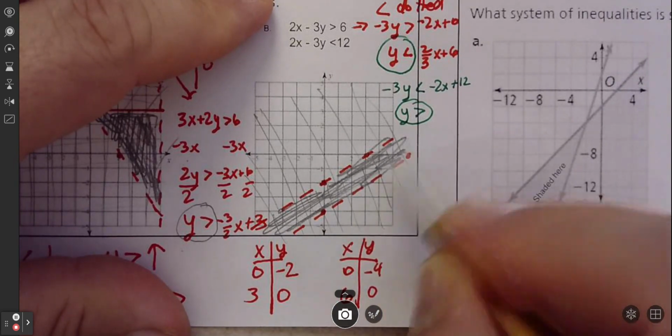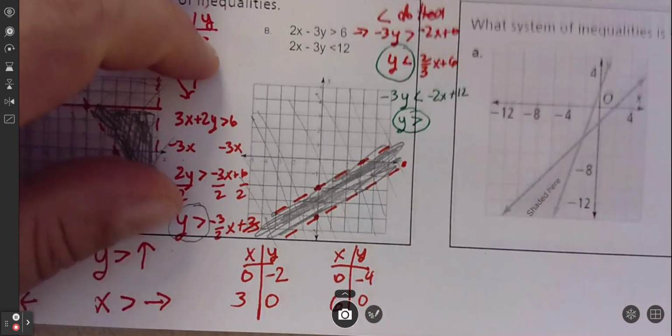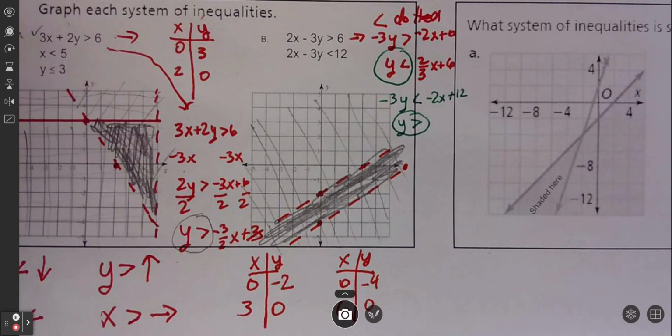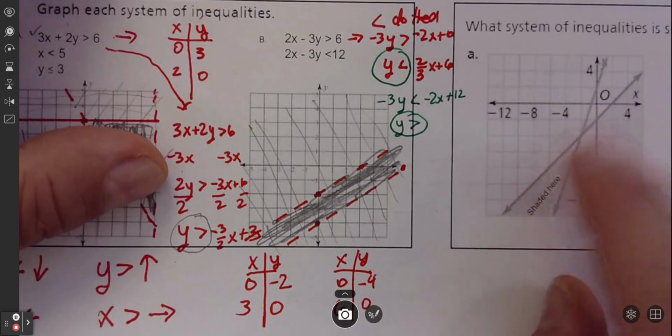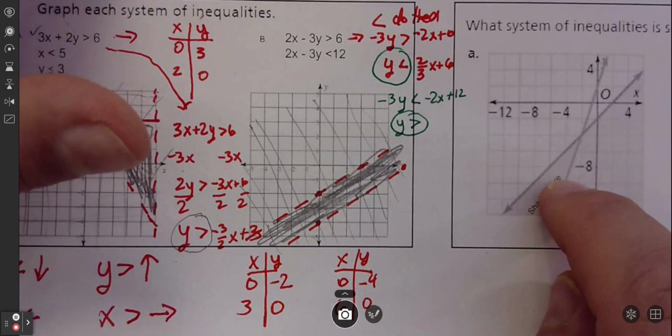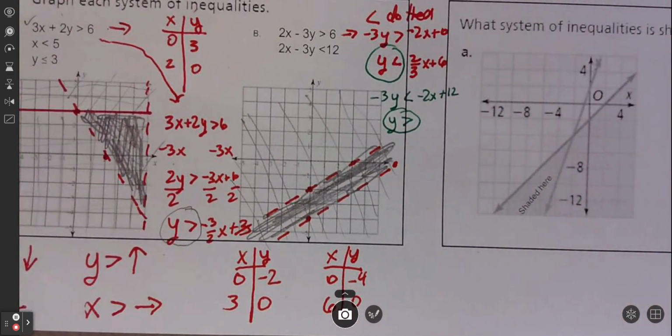So I got shading in the middle, but all I had to do was I just plugged in 4, -1. Brilliant. So there's two different ways of approaching this. You can know less than or greater than, or you can just test points. I'm just going to test points. I think that's easier until we get to these ones. But we'll talk about it.